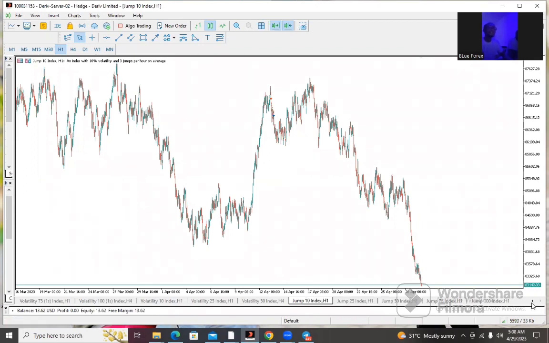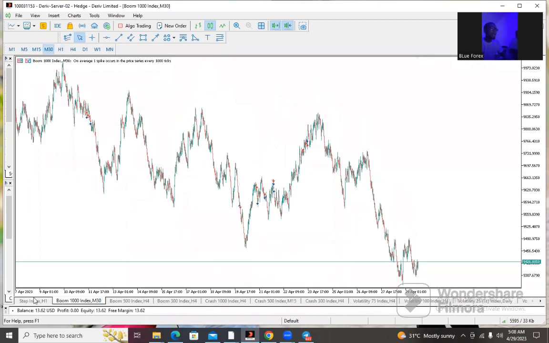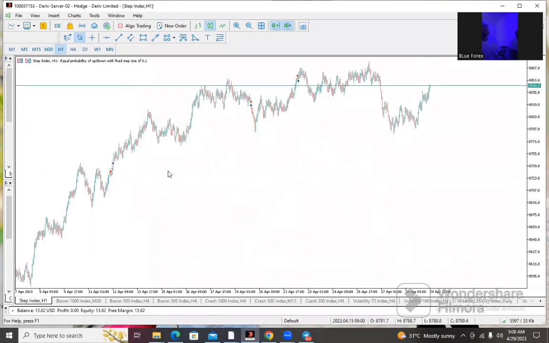So if you are a beginner, you want to know the behavior of the pairs. You just take a pair, then study it for maybe 1 month or 2 weeks to know how the pair behaves.